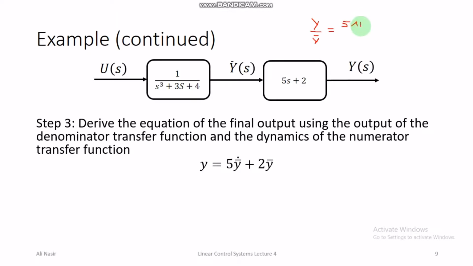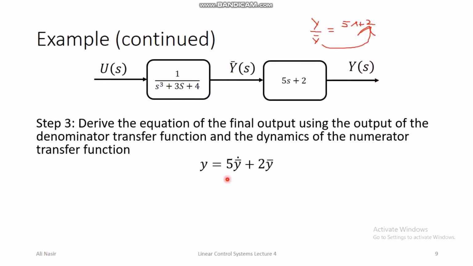So that is the meaning of the transfer function. So this y bar will go to the other side and multiply with 5s plus 2, and when you convert it into time domain, the s will become the derivative. So 5s into y bar will become 5y bar dot, and this constant 2 will become just a simple y bar by taking the inverse Laplace.